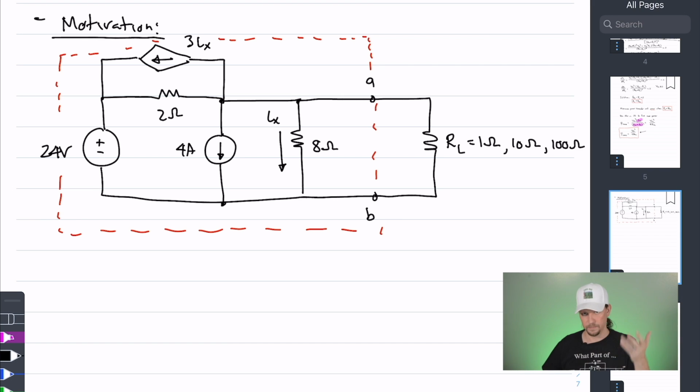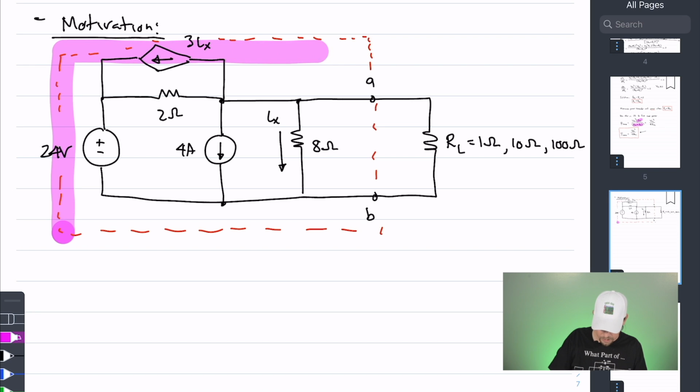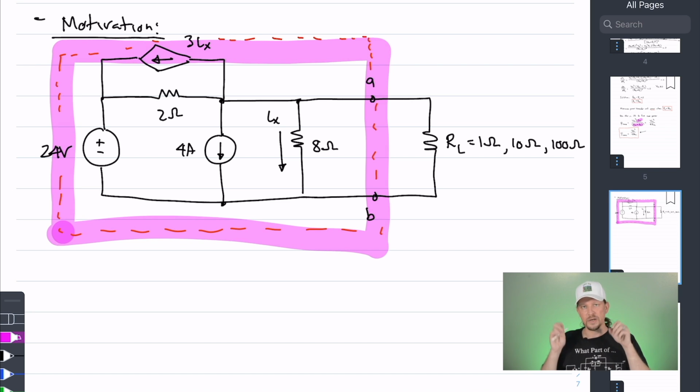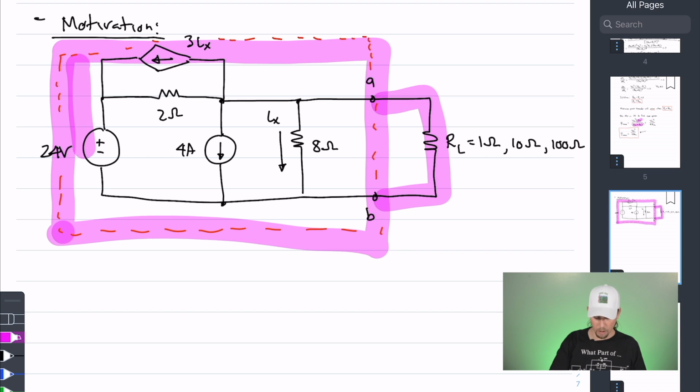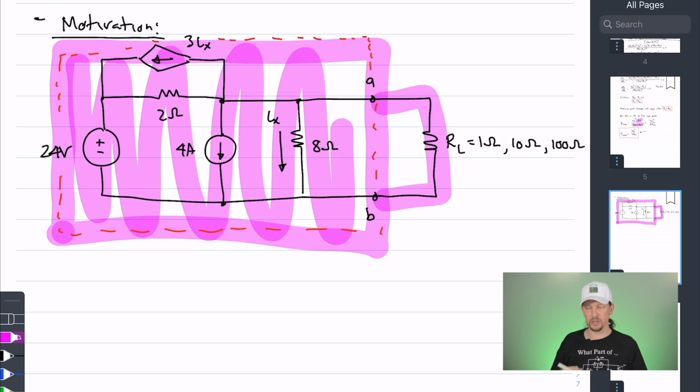So reanalyzing this entire circuit, especially when the circuit inside of the linear network is extremely large, becomes a significant problem. And the question is, can we replace this big linear network circuit with another equivalent circuit that happens to be simpler than the one that we have there, so that every time we change this load, rather than analyzing the circuit with all of these other components, we can analyze that circuit in its simpler yet equivalent way.